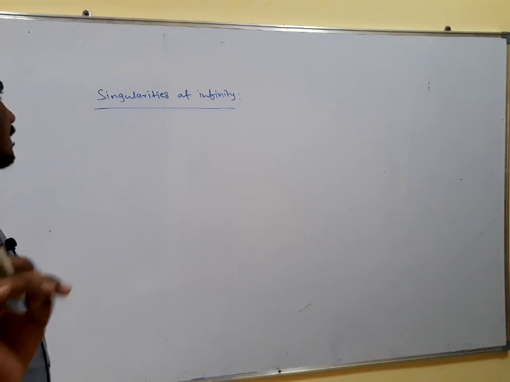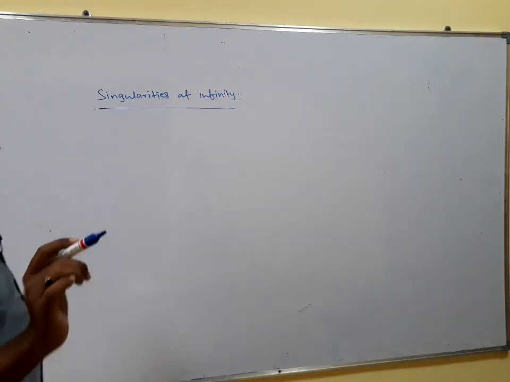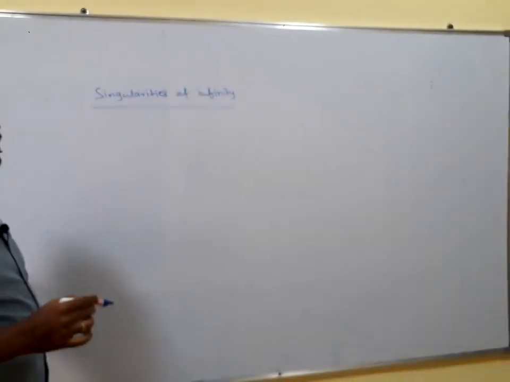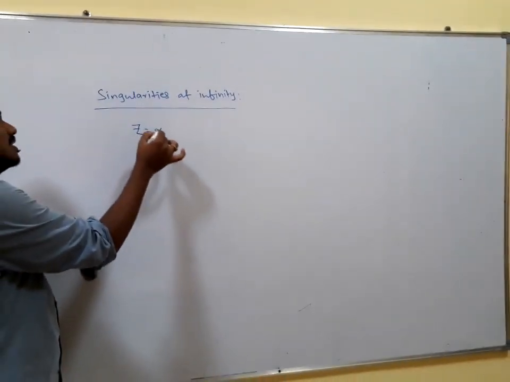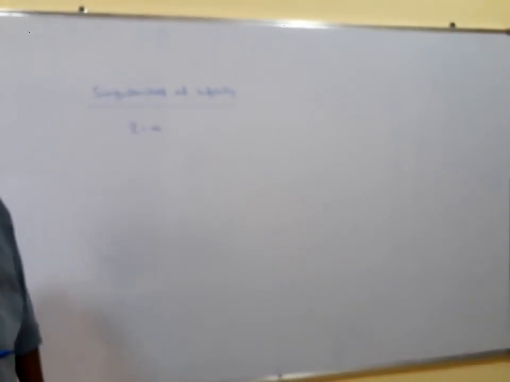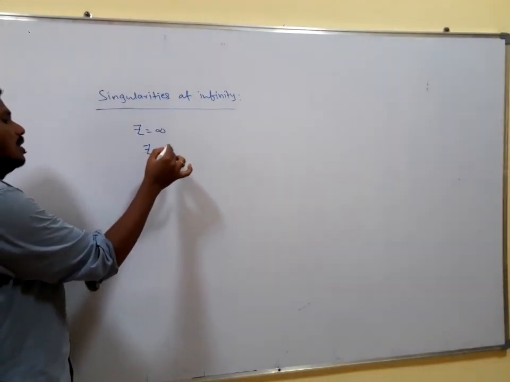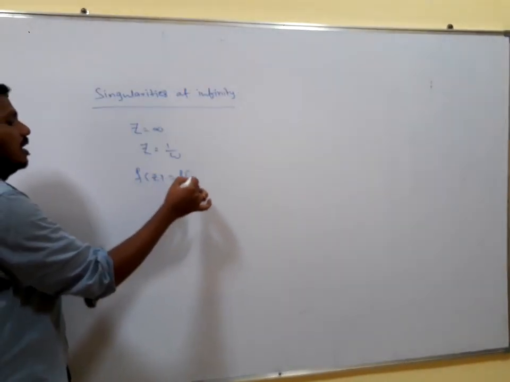Right. Next, singularity at infinity. Now we check the singularity at infinity, to determine whether z equals infinity is a singular point or not for the given function f of z. We substitute z equals 1 by w, then the function f of z becomes f of 1 by w.